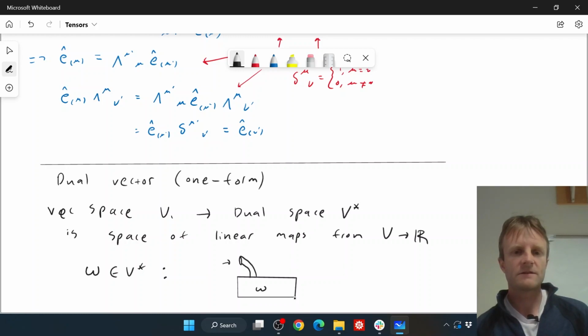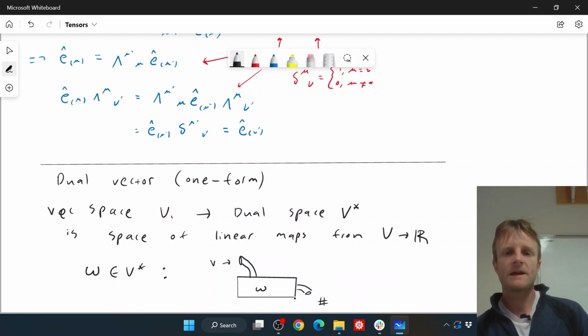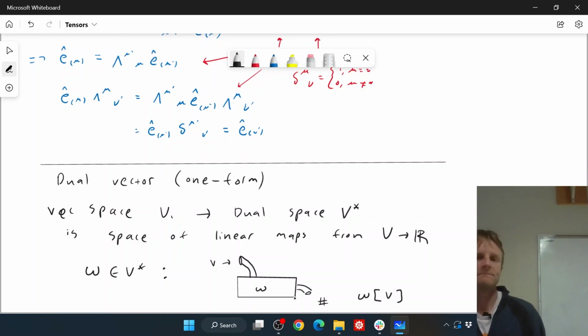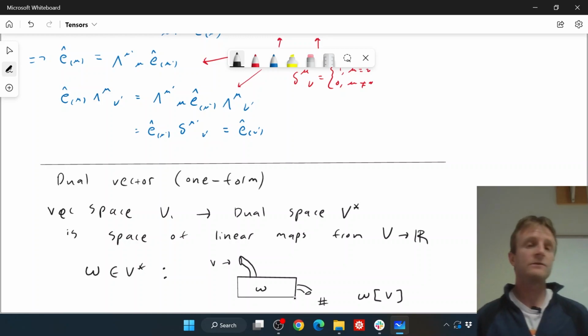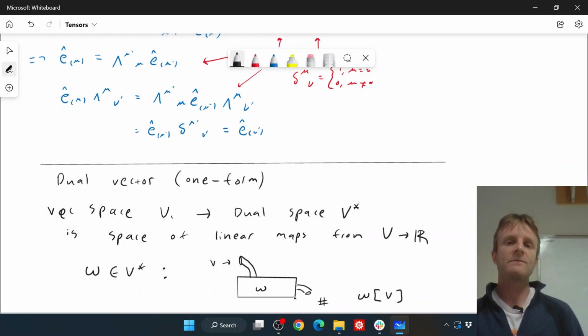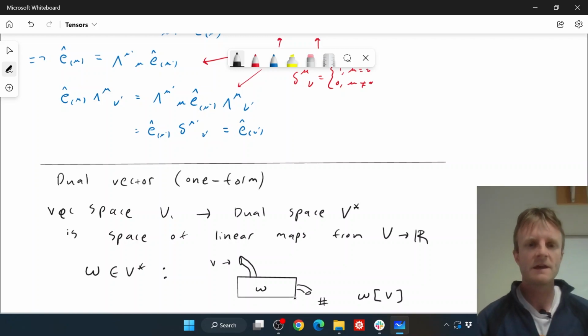And you send in a vector v. It's got like another little spout. And out comes some number. Okay, and we write that number as omega acting on v. Okay, and it has to be linear, so if you add two vectors in, the sum comes in, then it's omega of the first one plus omega of the second one, and so on.